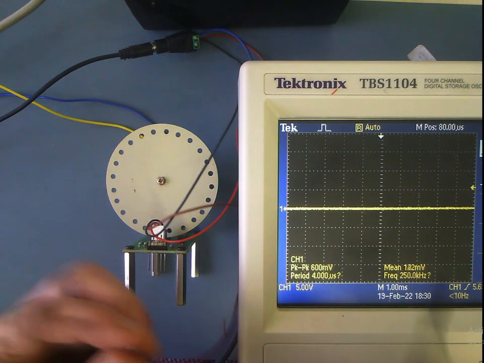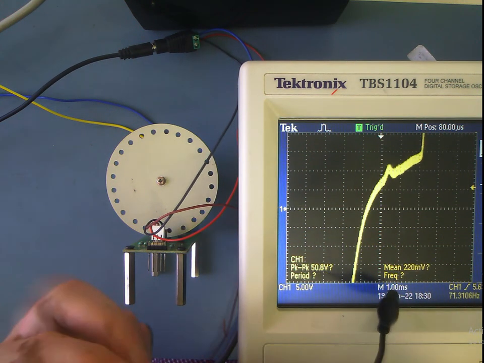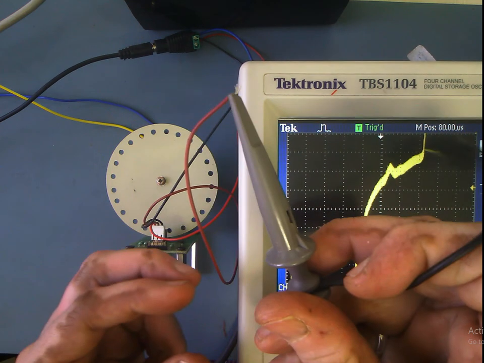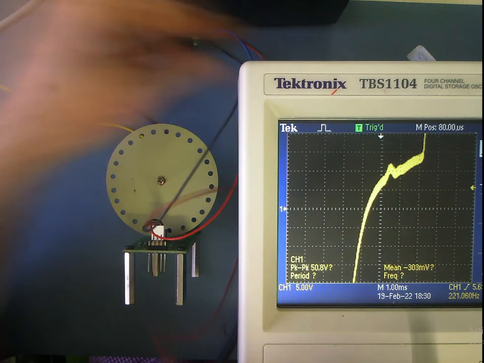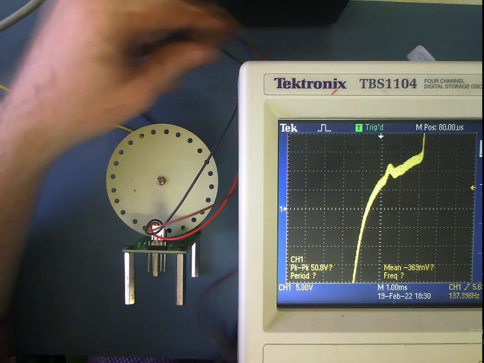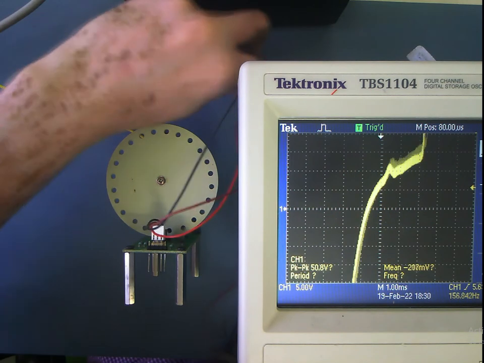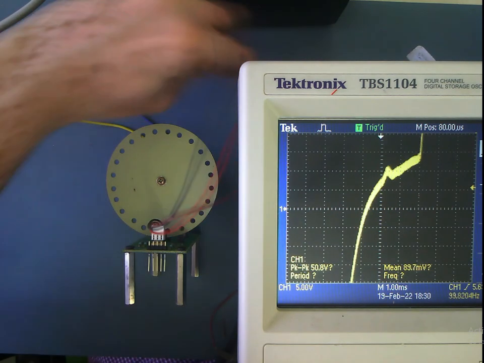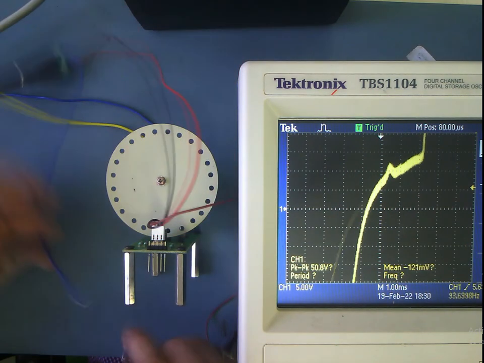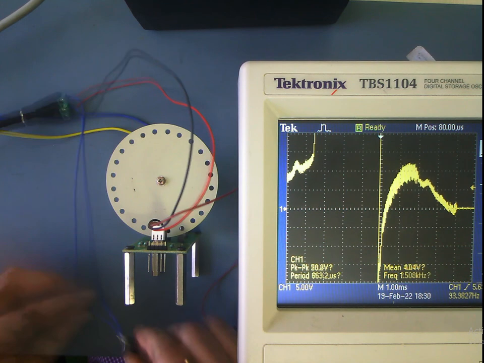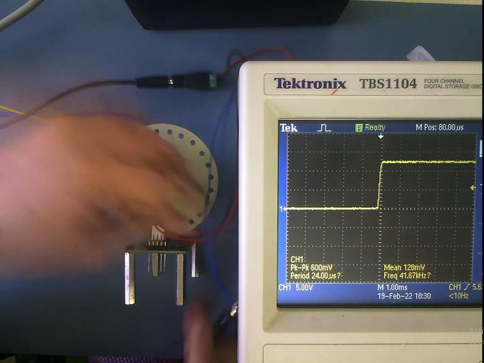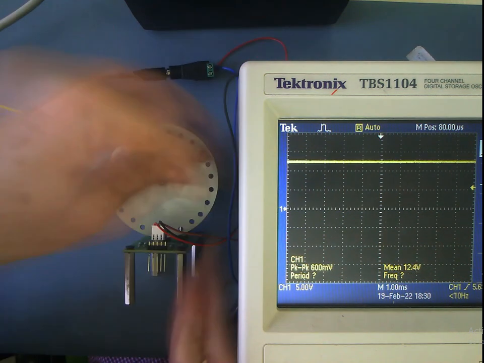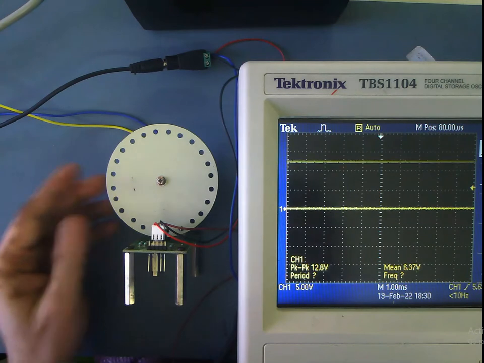You can find here I am connecting the positive terminal of the CRO to the output pin, and we have to connect the ground as well. I have connected the ground now. Alright, so the connections are ready and we are in a condition to start our observations.